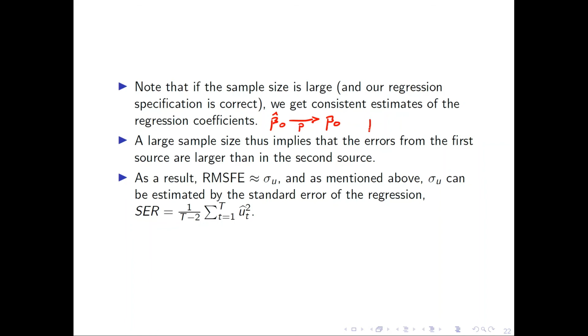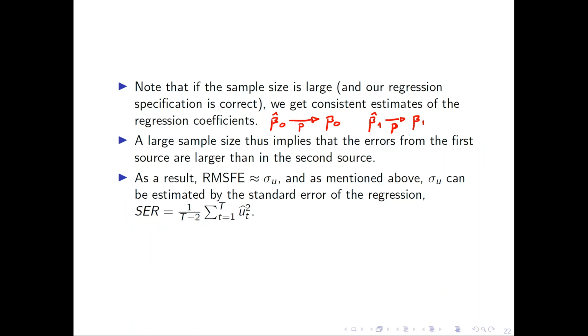And the same goes for the slope: if we get more data, then in probability we get closer and closer to the true population coefficient, because the population coefficients are not estimates, they are often unobserved true values.